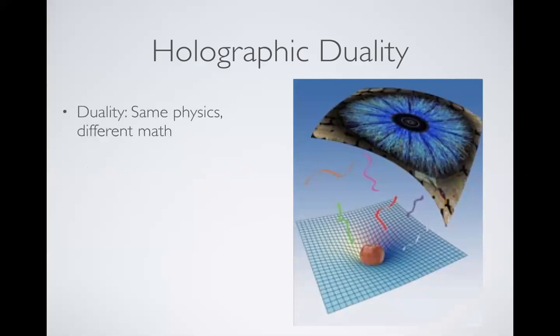So a duality, the idea is that you have the same physics that's described with two different types of math. And so the hope is, the only reason why you'd invent new math to do the same physics that you were already trying to do, is if you had a hard problem that you couldn't do with the other math, then you might invent a new math that explains the same physics but is easier to do.